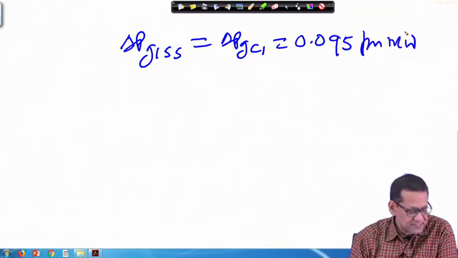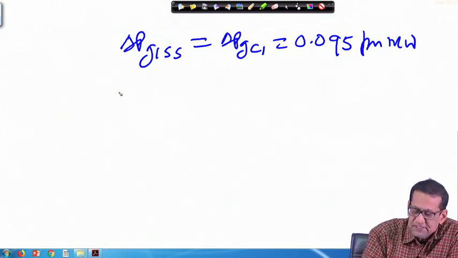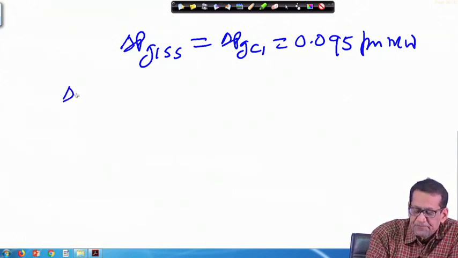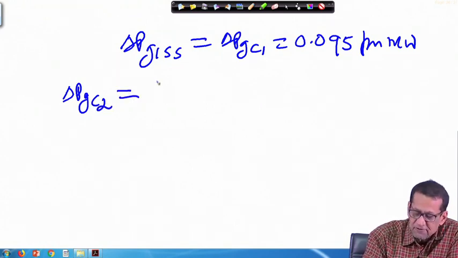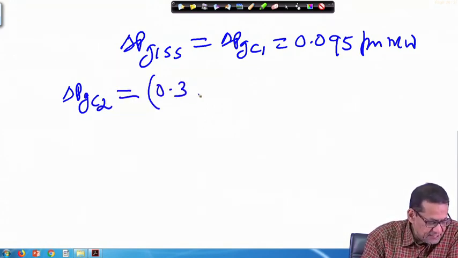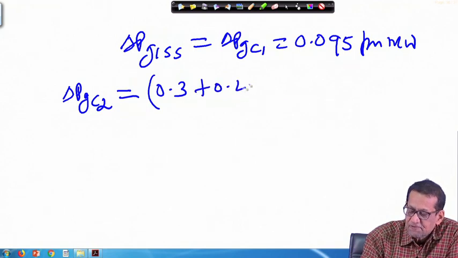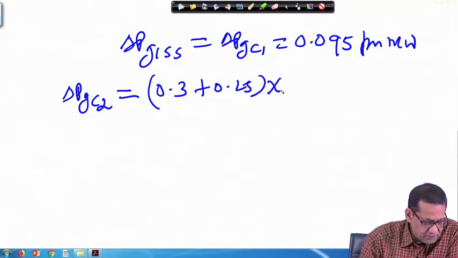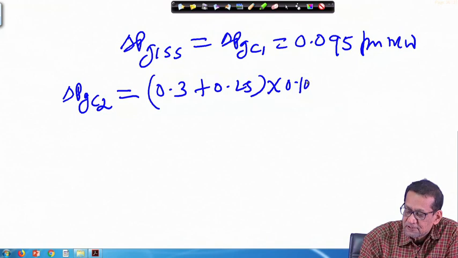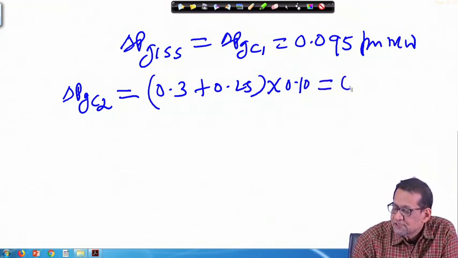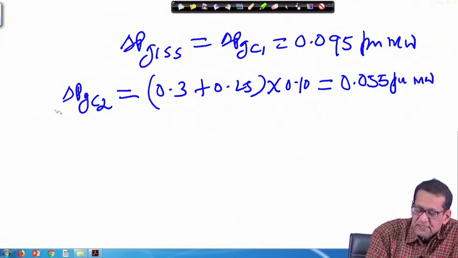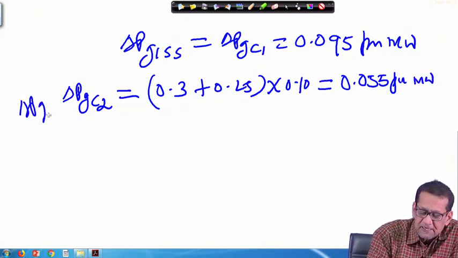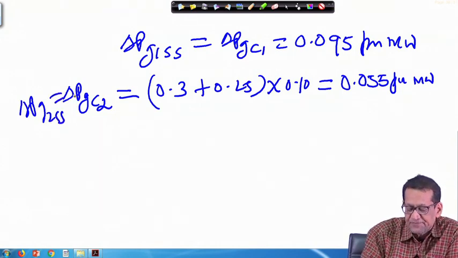Similarly, if you calculate delta PGC2, it is 0.3 plus 0.25 into 0.10, that is equal to 0.055 per unit megawatt. That is nothing but delta PG2 steady state.